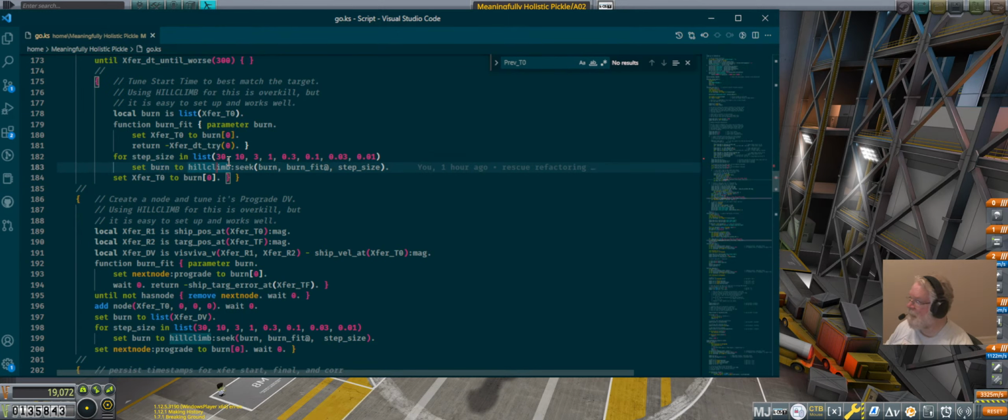So we hill climb at smaller and smaller values until we finally come to a burn where if we take any of the components that we're trying to tune and we change them by 1/100th, by 0.01, we don't get any better. And in this case, this component I'm manipulating is the delta V, and it's questionable whether you can control your delta V for total burn down to that level. So the only reason I go that far is because that gives me something to shoot for.